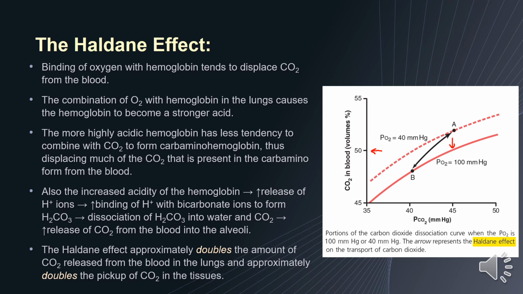The explanation for this effect is that the combination of oxygen with hemoglobin in the lungs causes the hemoglobin to become a stronger acid. The more highly acidic hemoglobin has less tendency to combine with carbon dioxide to form carbaminohemoglobin, thus displacing much of the carbon dioxide that is present in the carbaminohemoglobin from the blood.